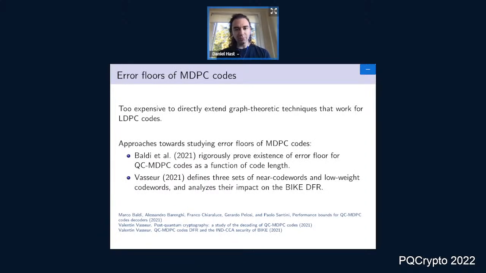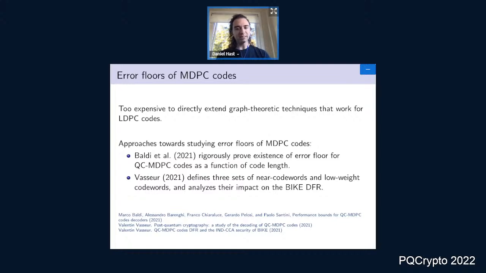So for LDPC codes, there are certain graph theoretic techniques using something called the Tanner graph that work for analyzing these decoding failure rates. Unfortunately, that's not feasible for MDPC codes. So there are a couple of approaches that have been used to try to study these before. Baldi et al. show that there is indeed an error floor phenomenon.